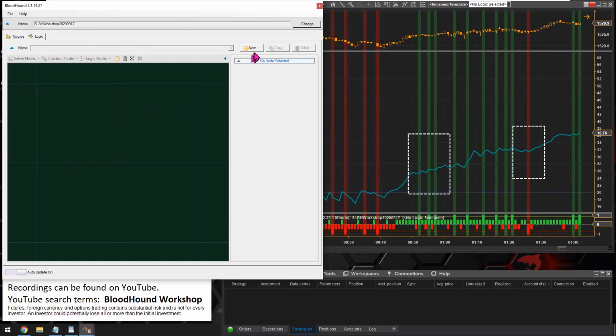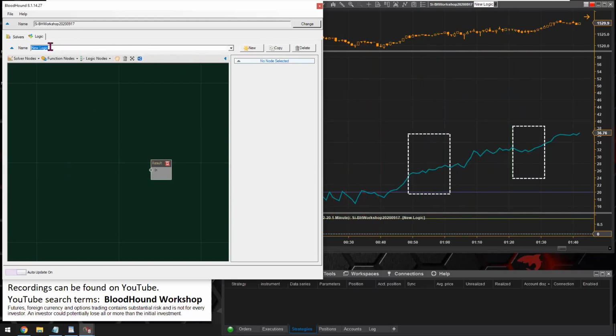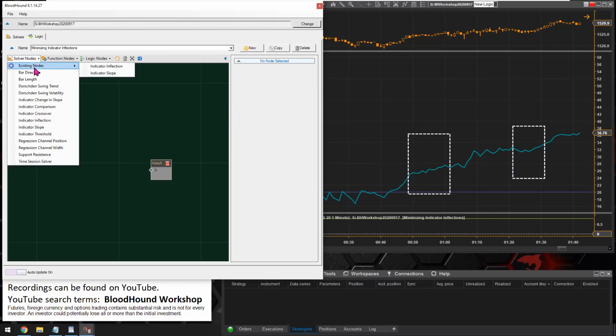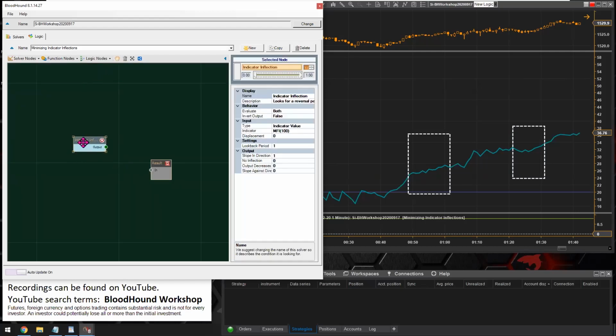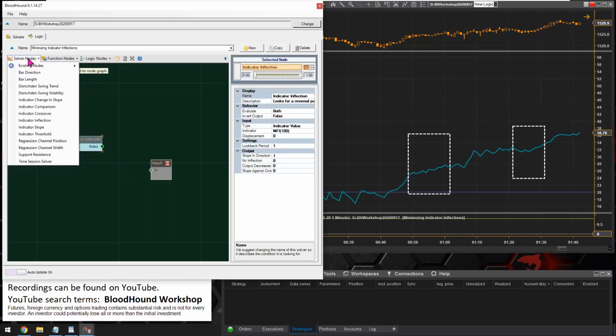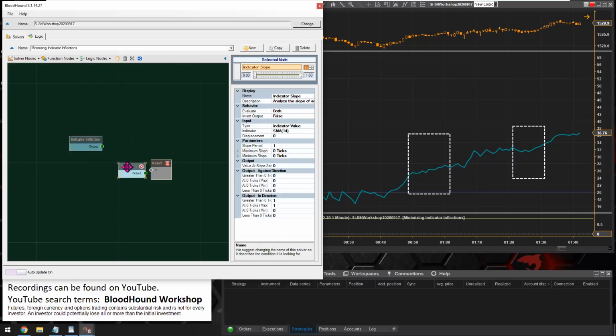Let's create a new logic template. What should we call this? I'll call this minimizing indicator inflections. I had already created an inflection solver and slope solver, so let me move those over and put those on the logic board. There we go.